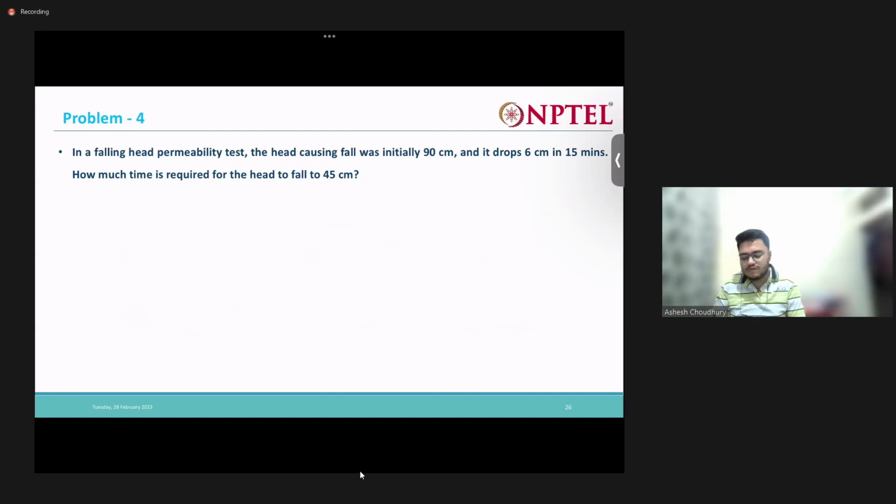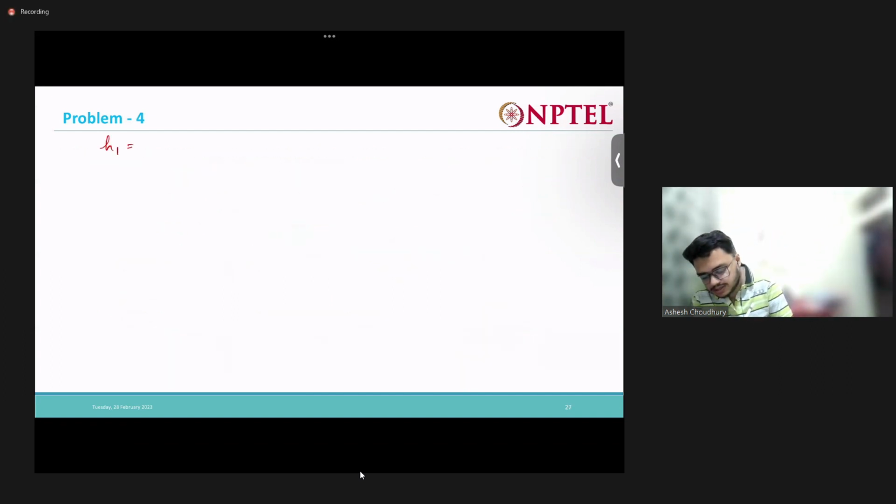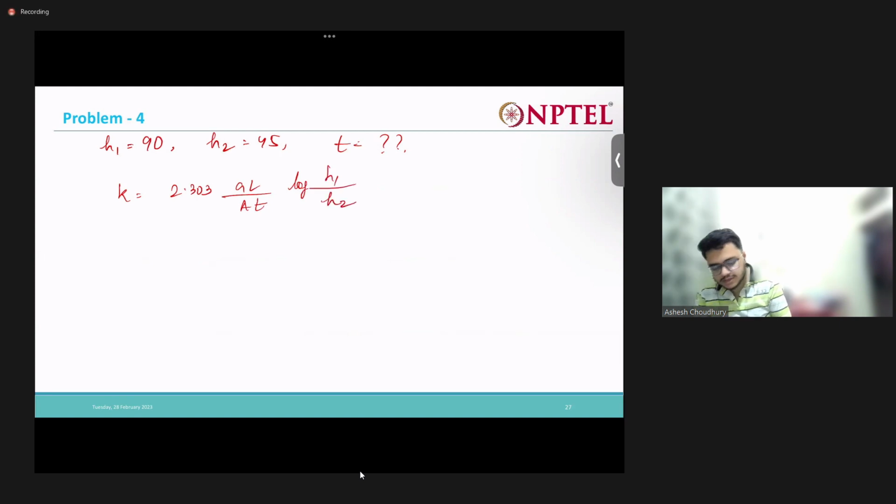Now we want to find out when my H1 is 90 and my H2 is 45, what is the time, right? So let us again write the relation. My K is 2.303 AL by AT log H1 by H2.